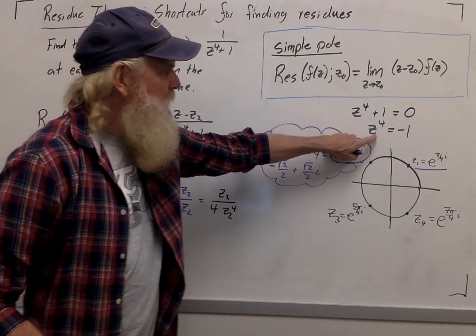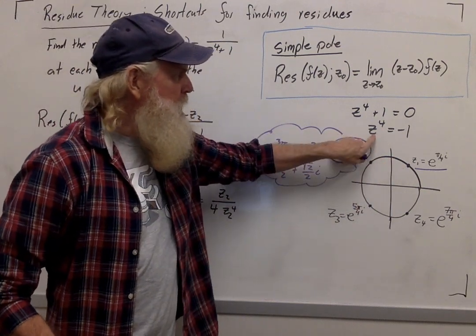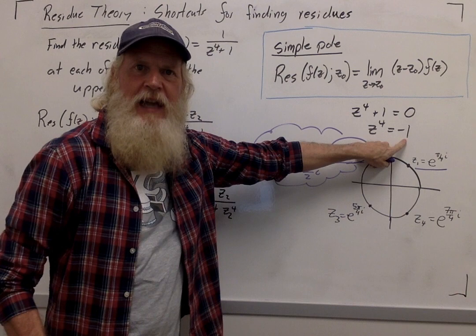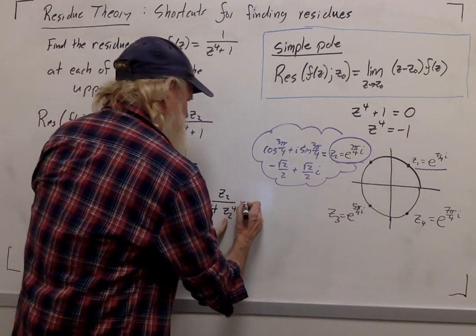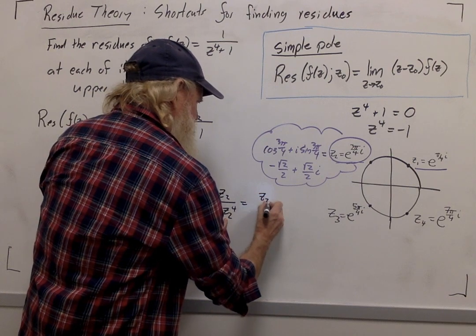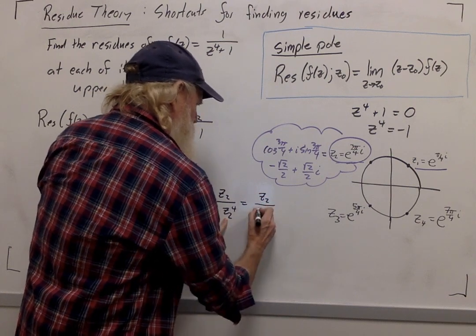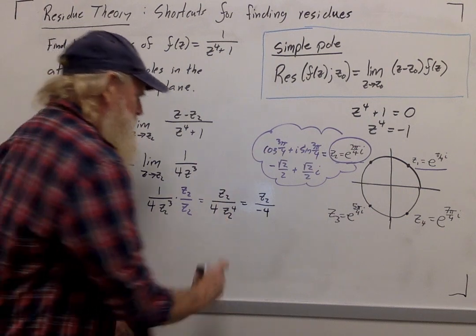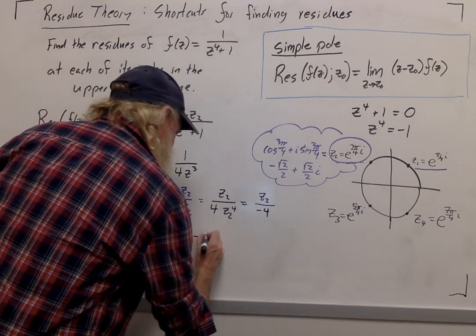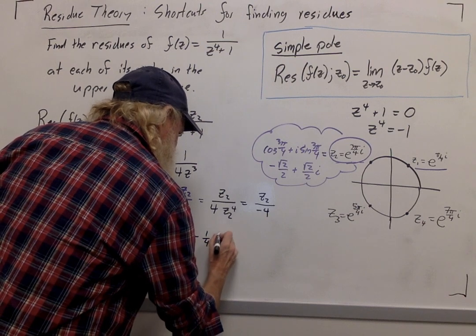But remember, at each of these 4 solutions, z to the 4th equals negative 1. So down here where I have z2 to the 4th, I can replace that with a negative 1. So I have z2 over negative 4. So that's negative 1/4 times z2.